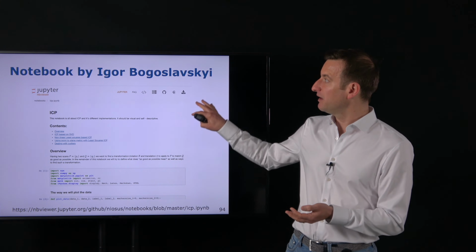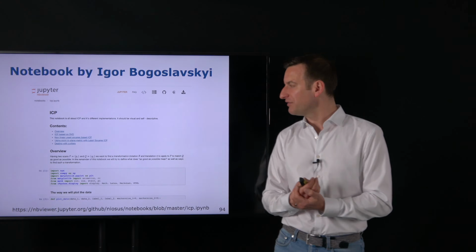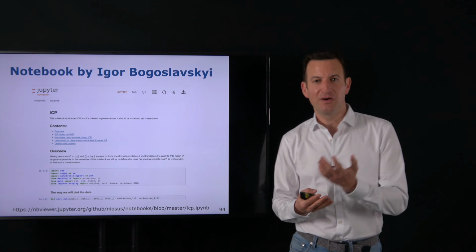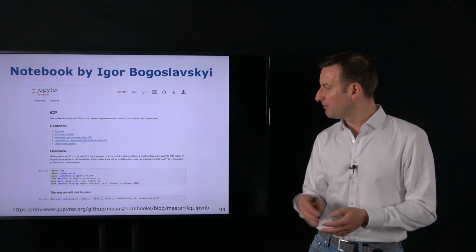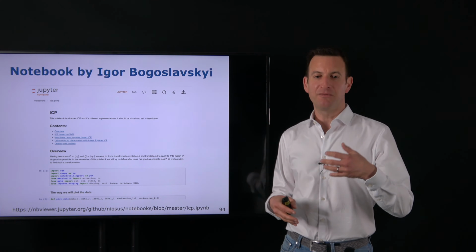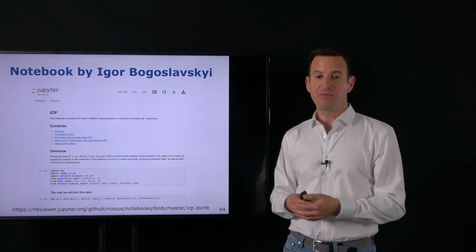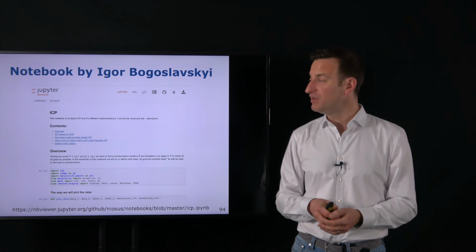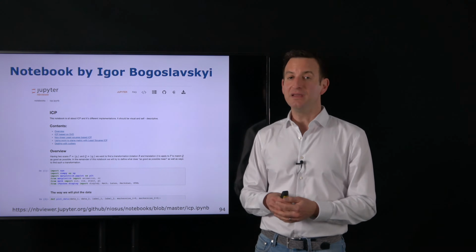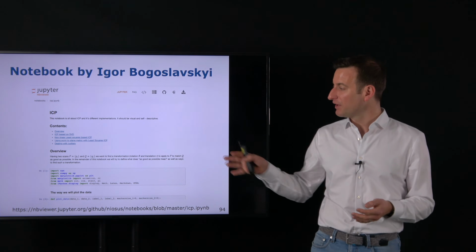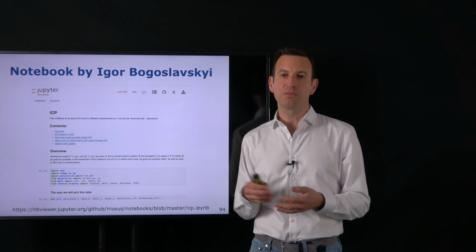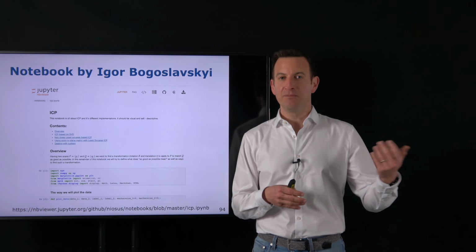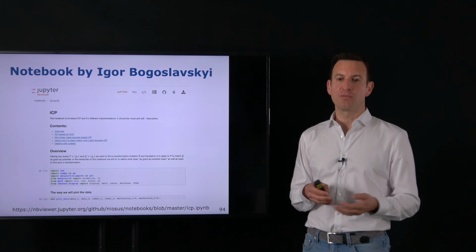So the first thing is the Jupyter Notebook by Igor Bogoslavskyi, which provides you a very easy dive into examples, everything done in Python, performing the simplest form of point-to-point registration using the SVD approach, then using the least squares approach, all done in 2D. Some of the examples that you have seen here actually stem from his notebook, and then also performing outlier rejection with a simple robust kernel.